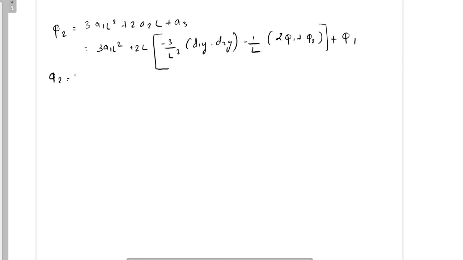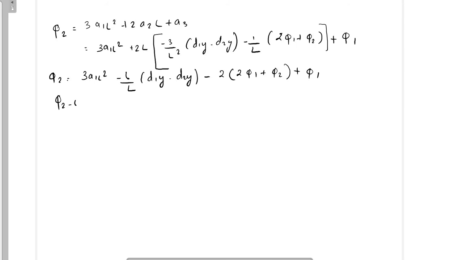So pi 2 is equal to 3a1 L square. So if you multiply with this and cancel L and L square, it is minus 6 by L d1y minus d2y minus, if you multiply the 2L inside with this component 1 by L, it is minus 2 into 2 pi 1 plus pi 2 plus pi 1.